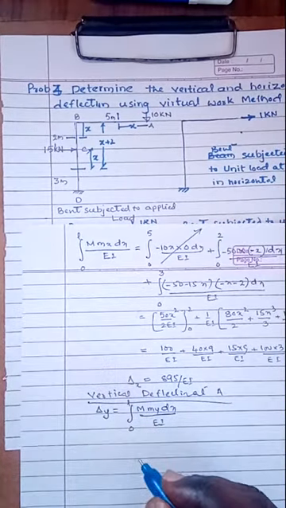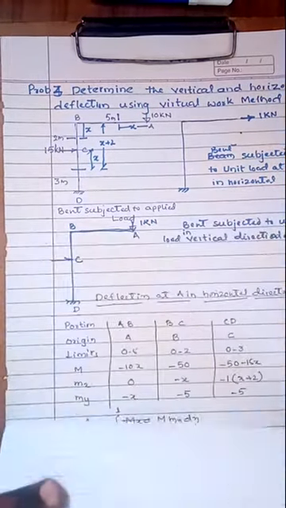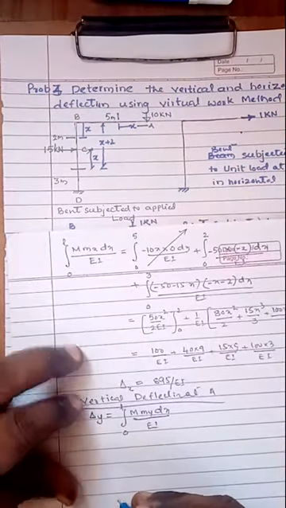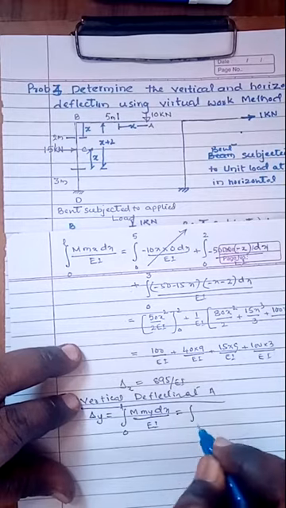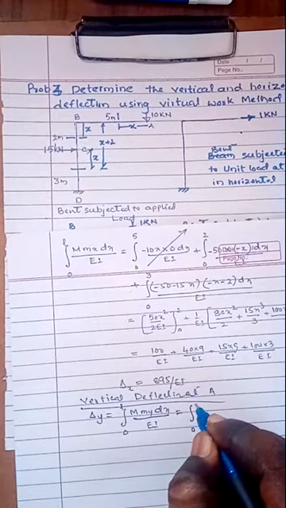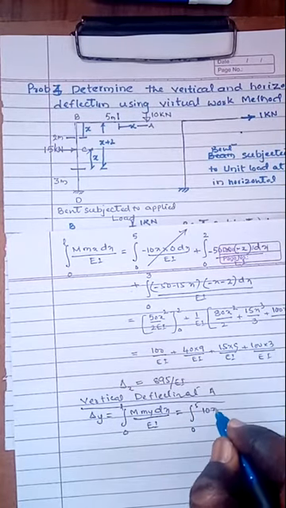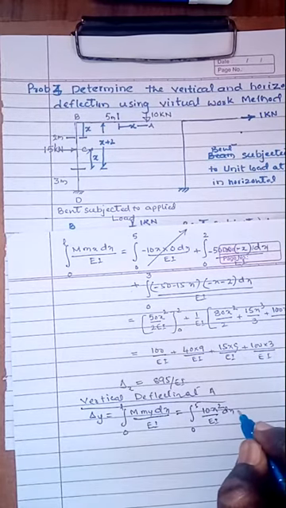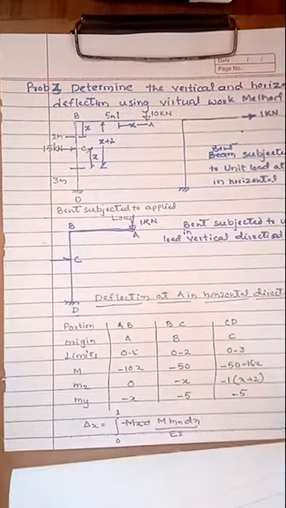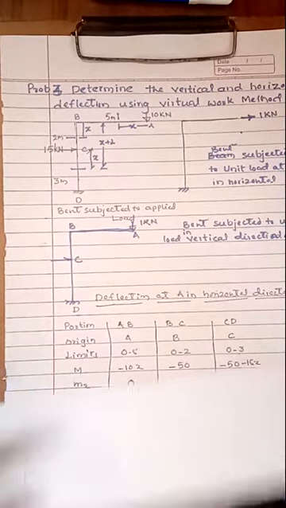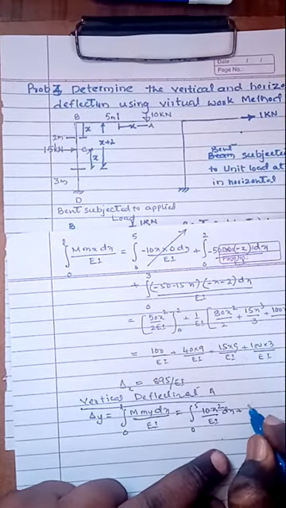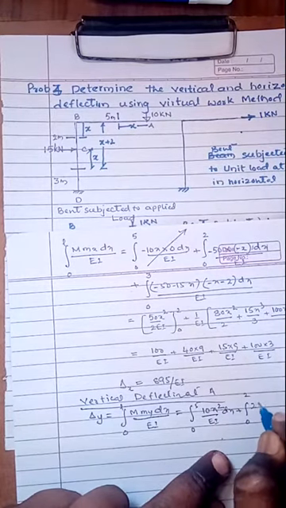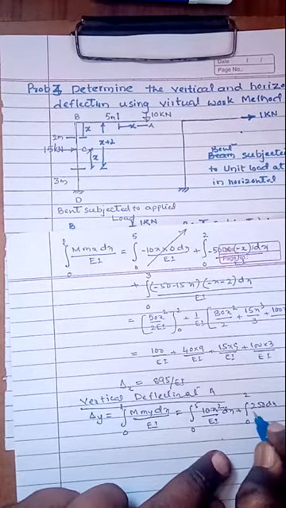The first term is 10 into x, that is 10x; for the first portion the limits are 0 to 5, 10x square divided by EI into dx. For the second portion, 50 into 5 is 250, minus into minus plus, the limits are 0 to 2, 250 dx divided by EI.